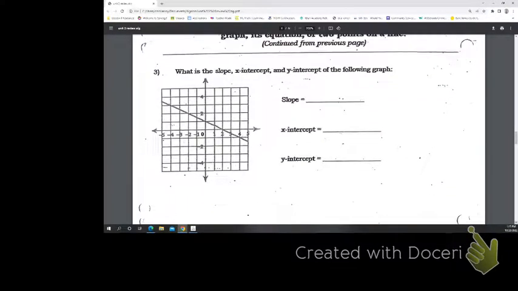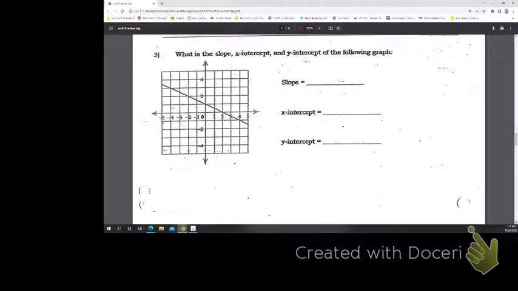Then we have a graph, and you're going to be asked to give the slope and the x- and y-intercept for the graph. There are no dots marked on the graph, so you need to find two places where it's crossing at nice, perfect corners. In this case, the y-intercept is almost always going to be 1. And then I would find a close one. Find two that are close together, because if they're further apart, you have to reduce.